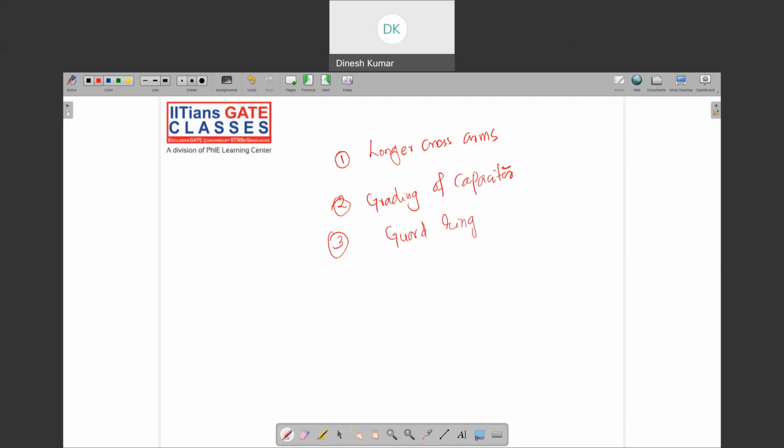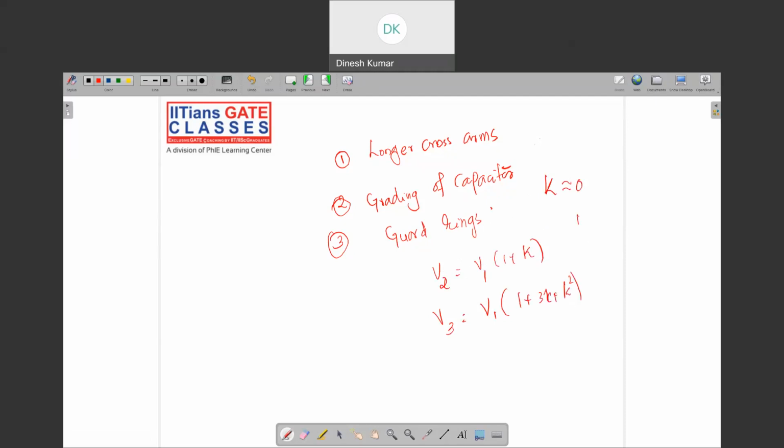These guard rings are important because of what they do. What we really want is for the value of k to be very close to 0, right? Then V2 equals V1 into 1 plus k, then V3 equals V1 into 1 plus 3k plus k square, right?